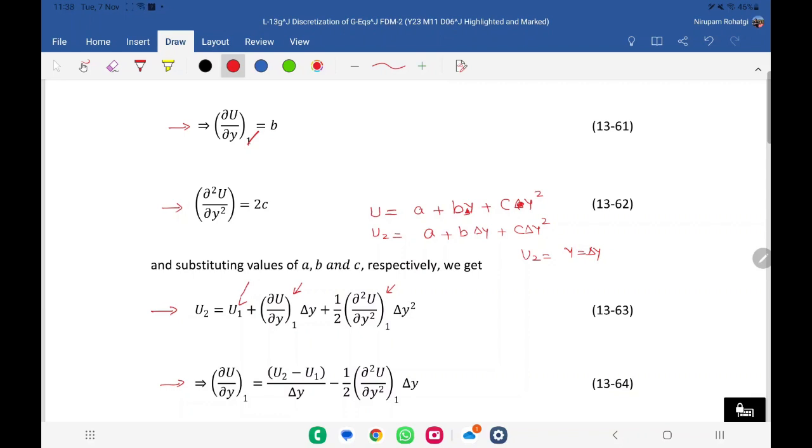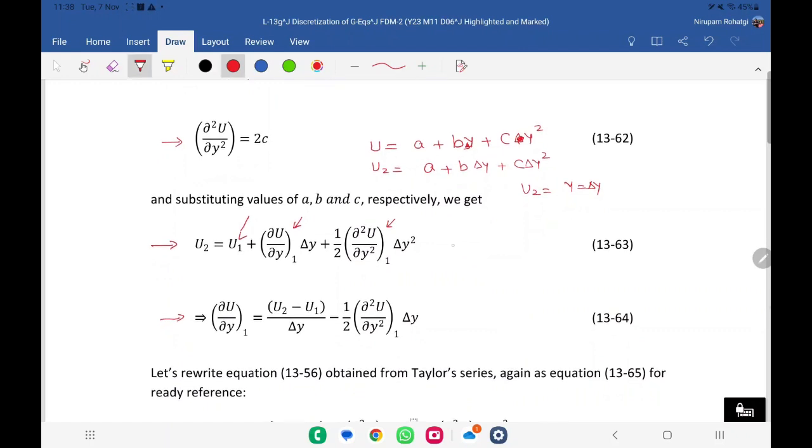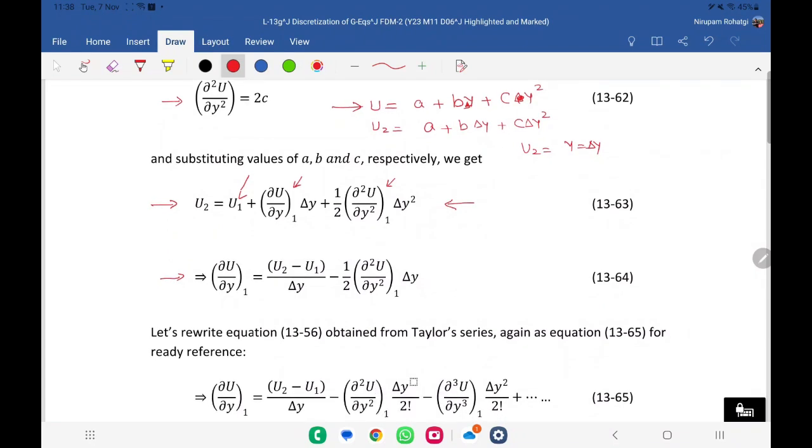Okay, so this equation we have got not from Taylor series, but from this equation. Okay, so you do the jugglery, you get this equation. From here you get this equation.